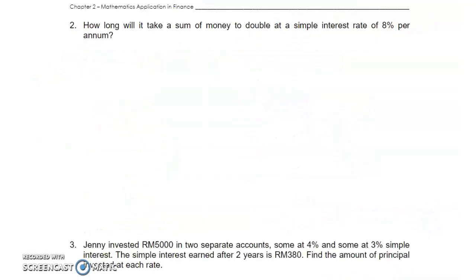Now let's look at this example. Number 2: how long will it take a sum of money to double at a simple interest rate of 8% per annum? How long refers to value T, the time. In this case, we do not know the amount of principal and the sum.